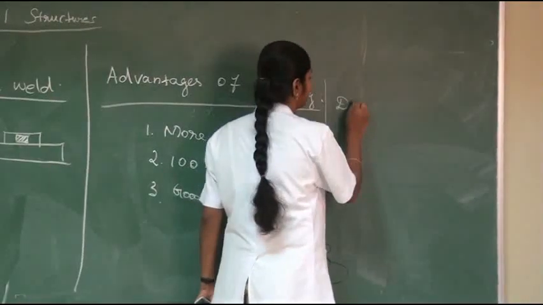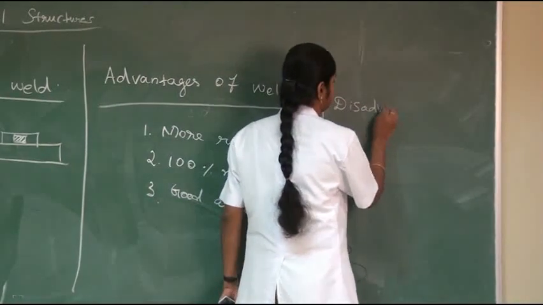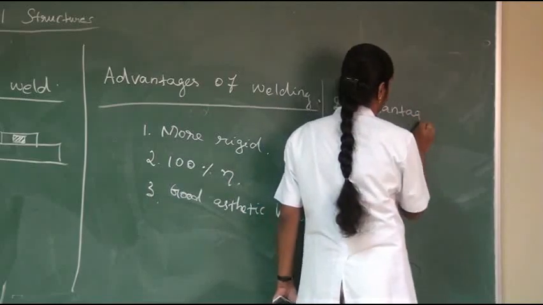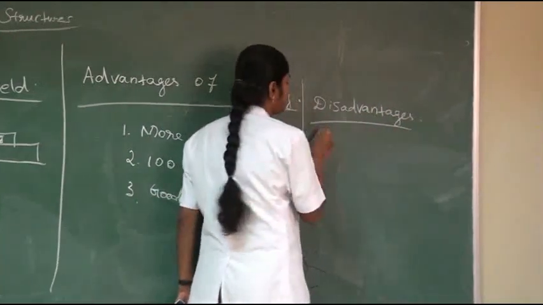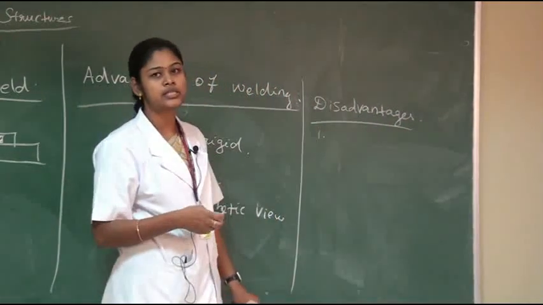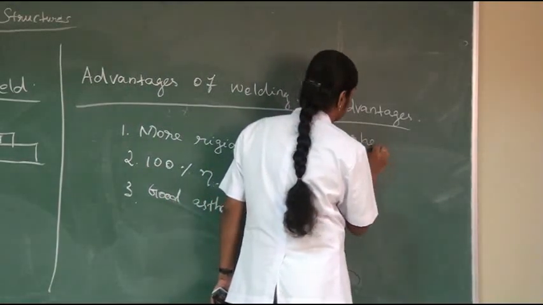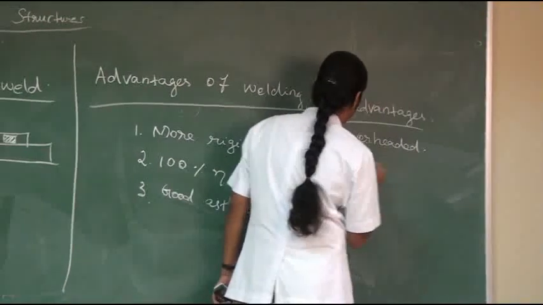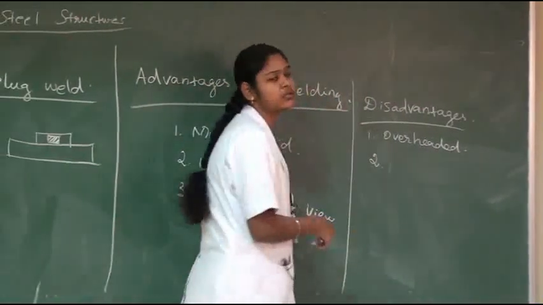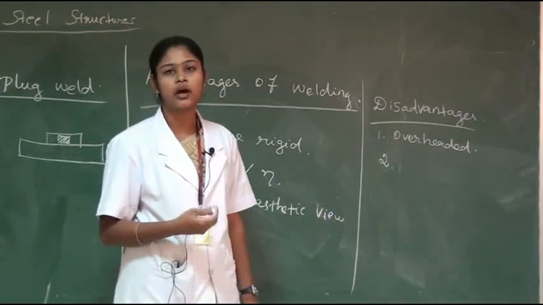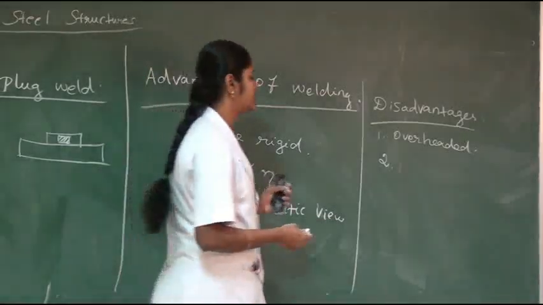Disadvantages of welding are: it cannot be done in the overhead positions as well as in the vertical directions. And the second disadvantage is due to overheat there will be a cause of cracks in the structure.